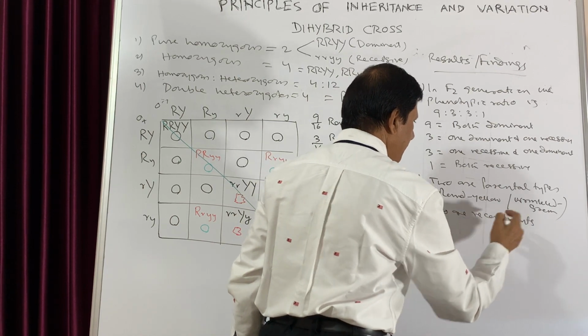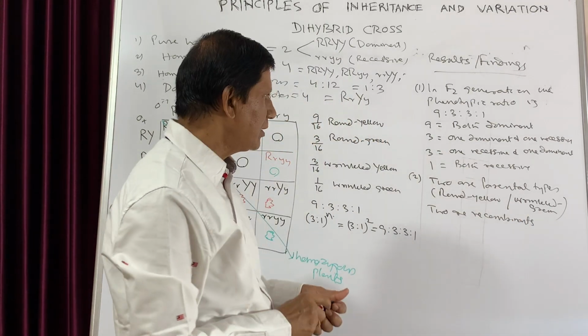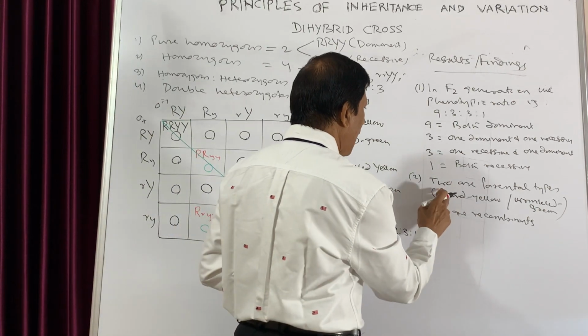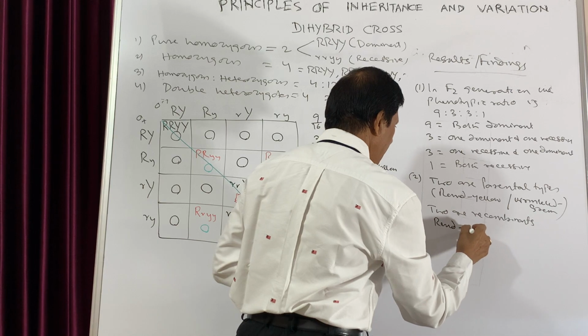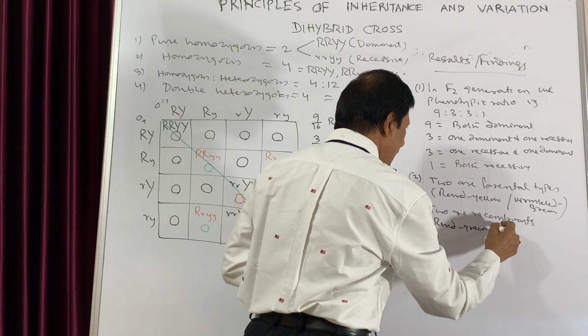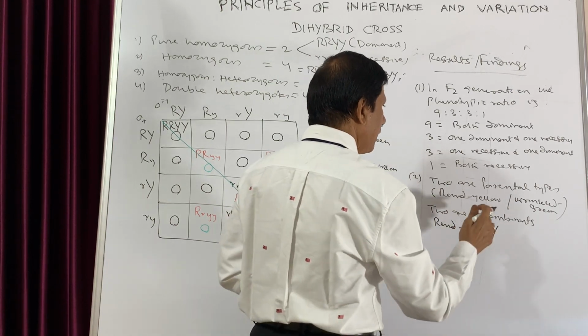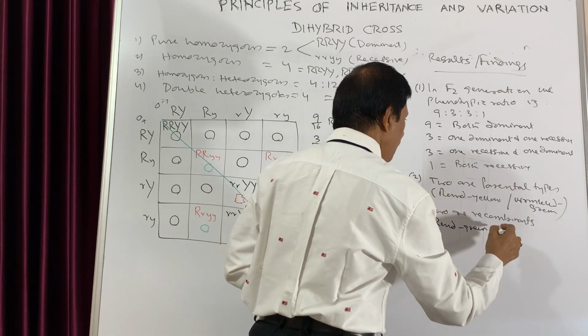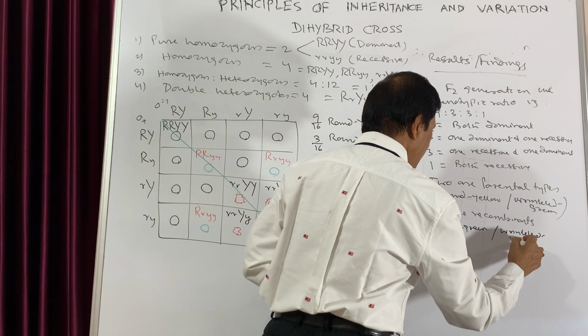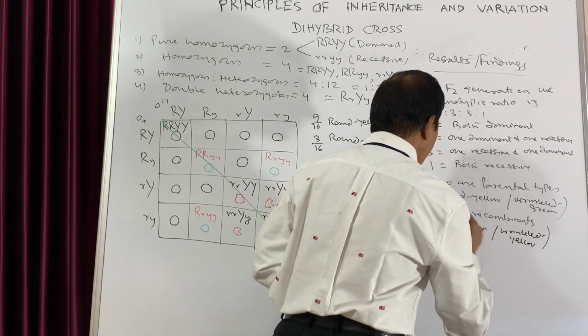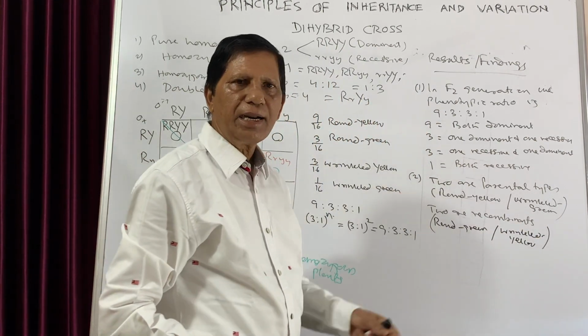So what are these recombinants? That will be the round combined with the green, and the other is wrinkled with yellow. Wrinkled and yellow.